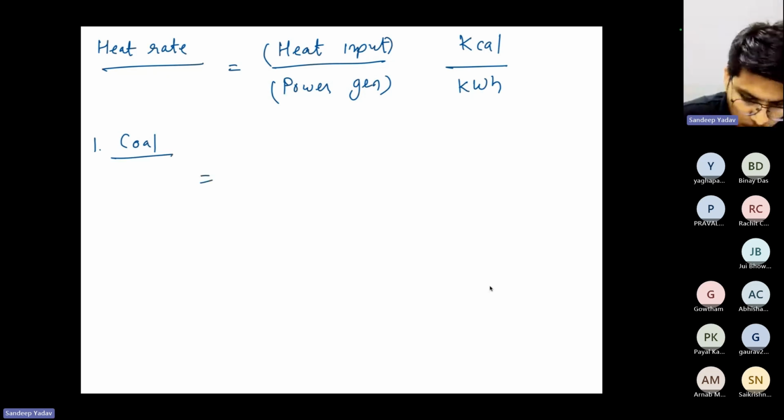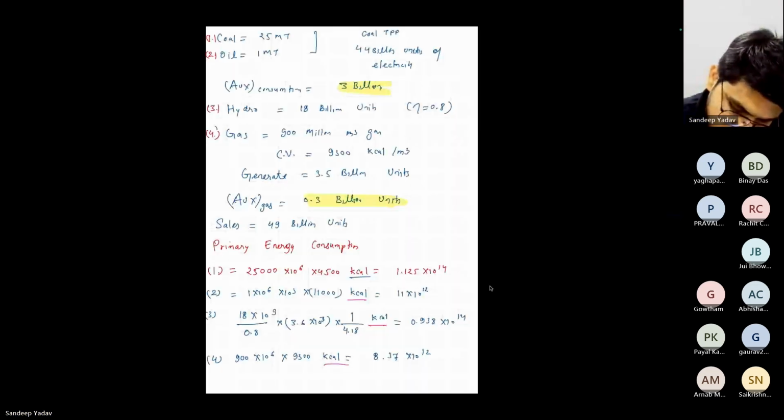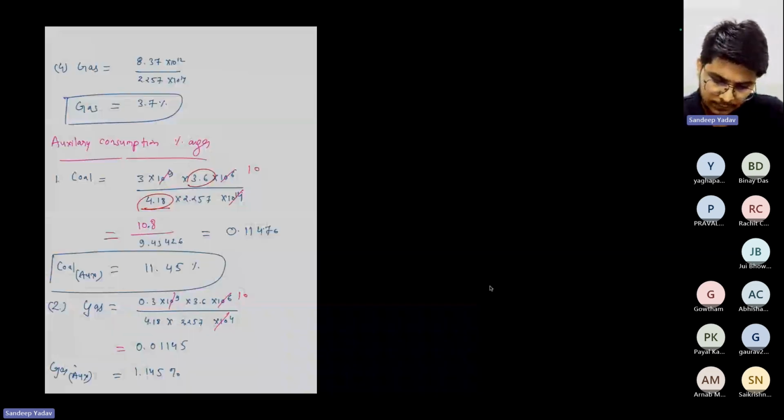The heat input for the coal is already given in the question. We have solved it here: 1.125, and for the natural gas we have calculated 8.37. So just remember these two things, and we will solve it.